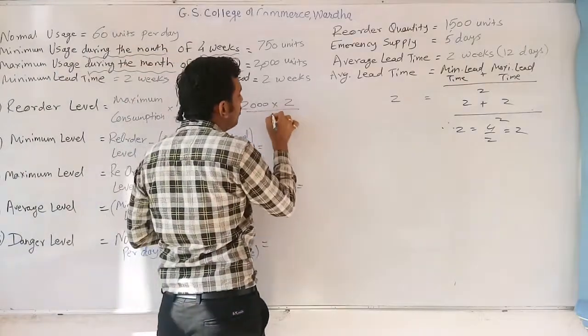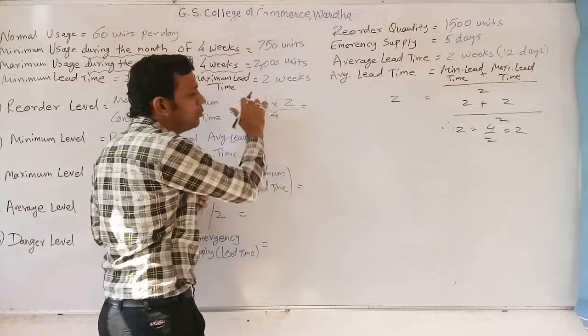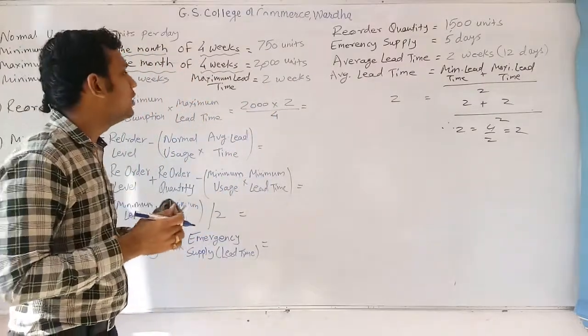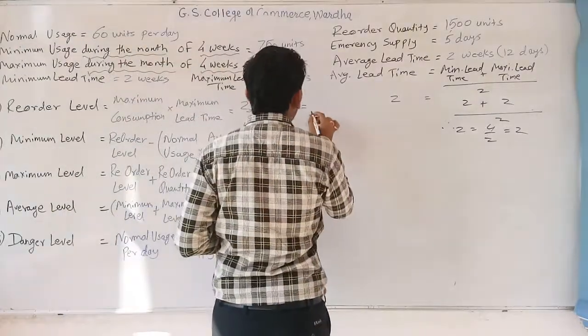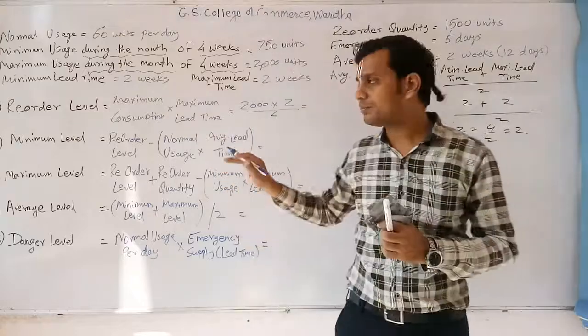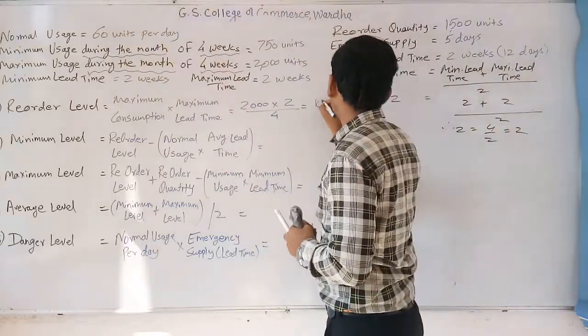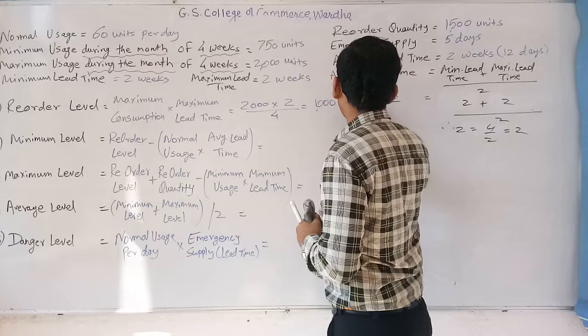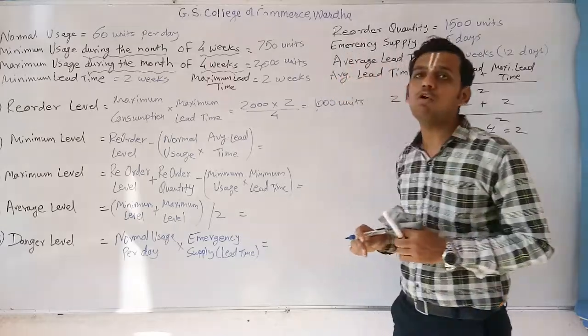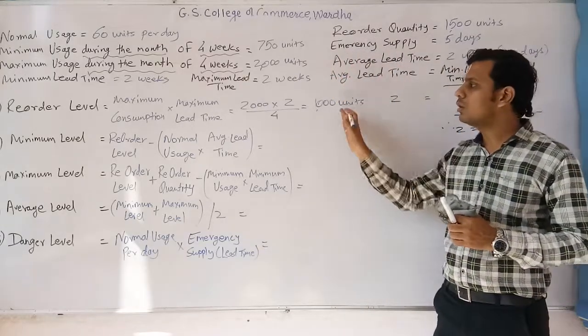Hence we divide it by 4, as it is monthly, converting it into the weekly pattern. We get our answer as 1000 units as the reorder level.